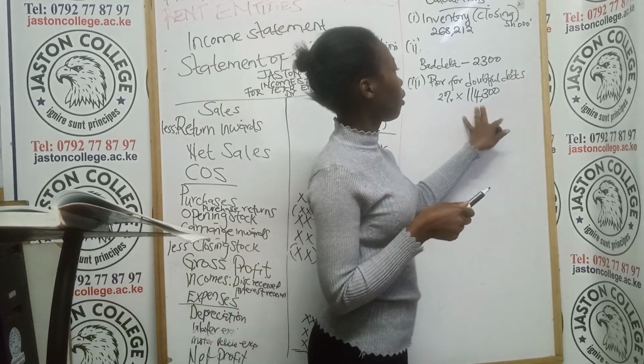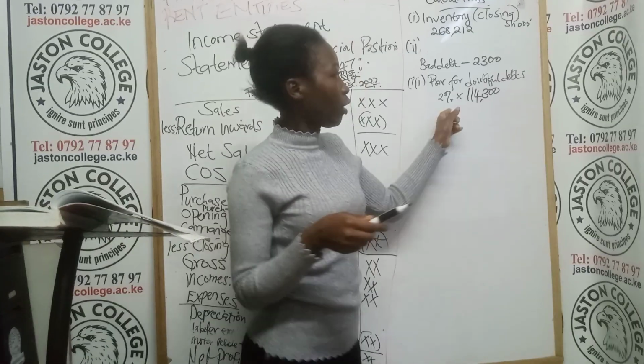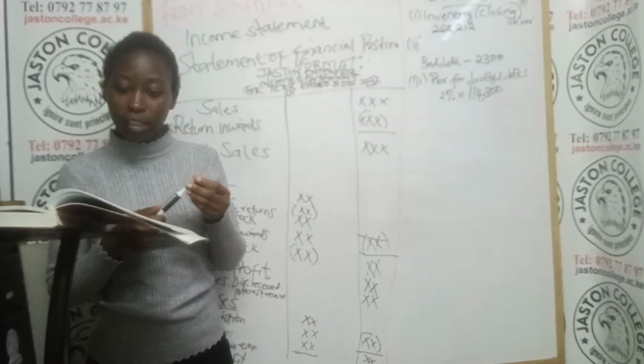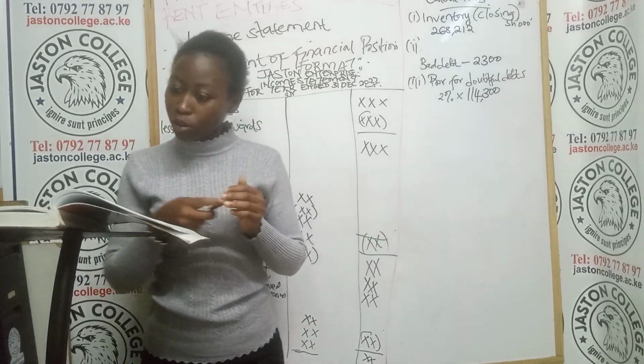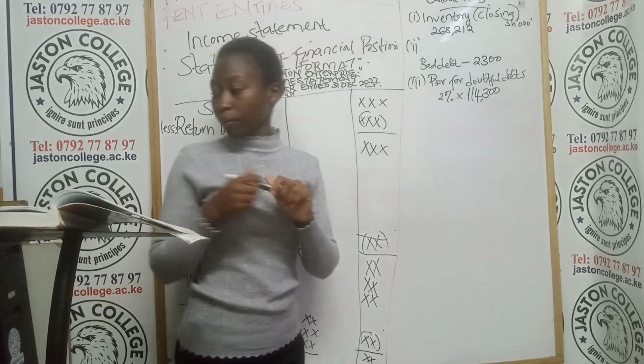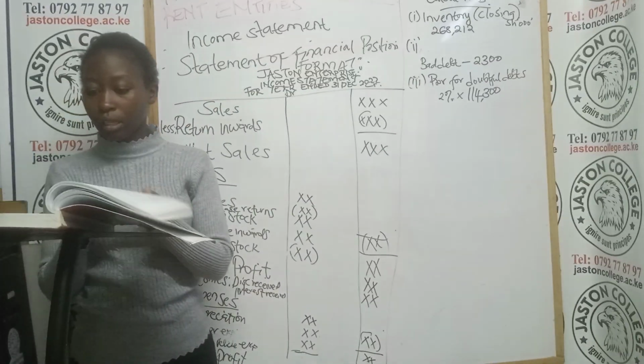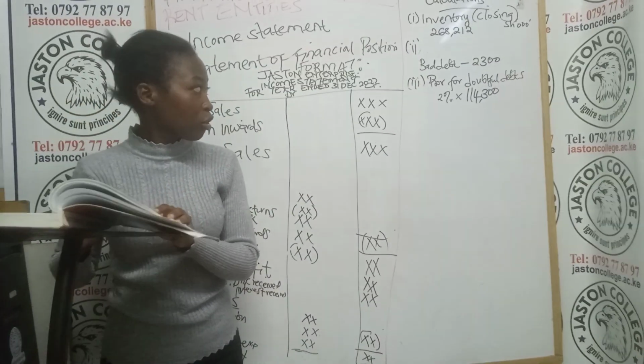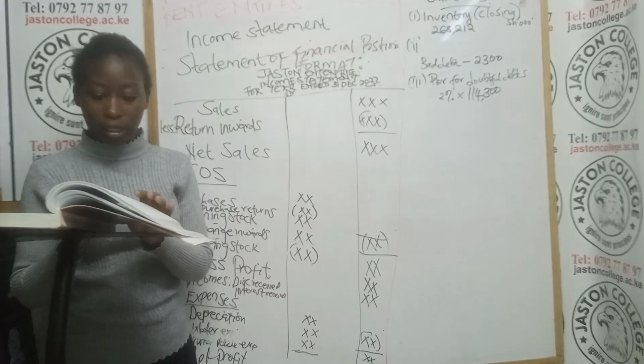So we are going to do 114 over here. Then we are going to calculate over here and get our answers. 2% of 114,300.